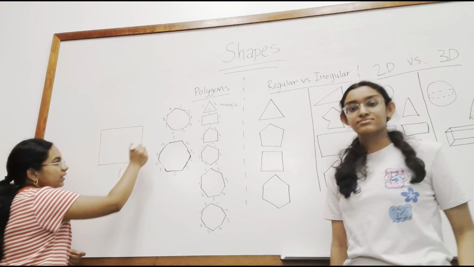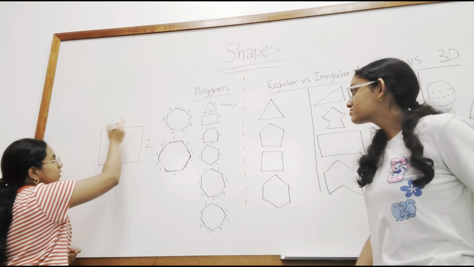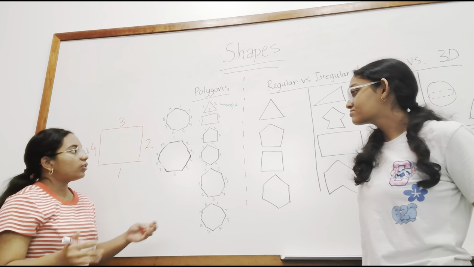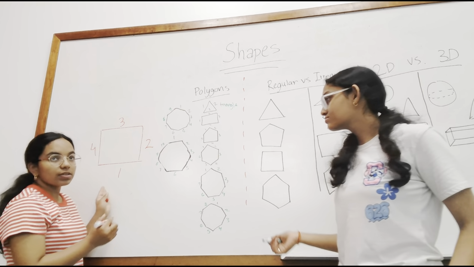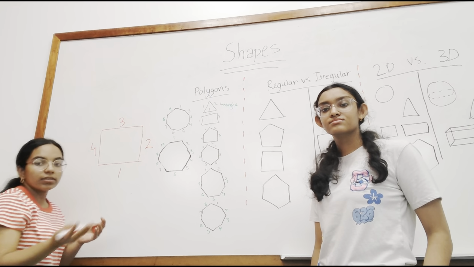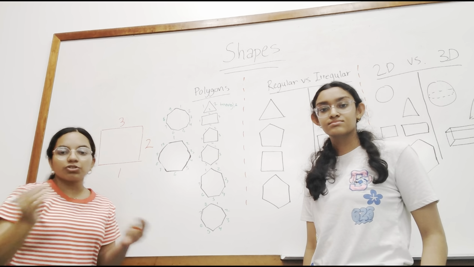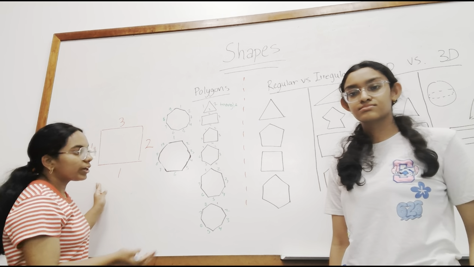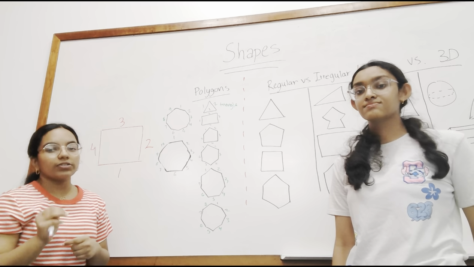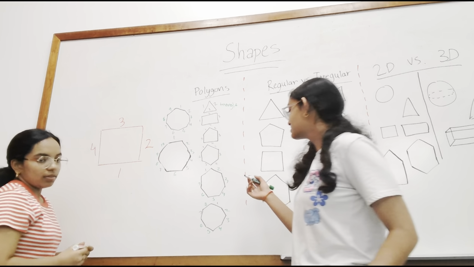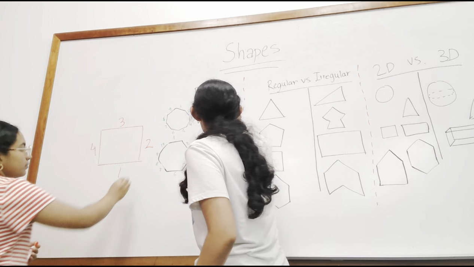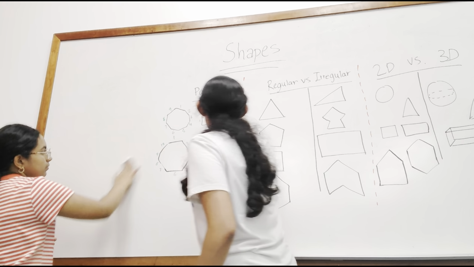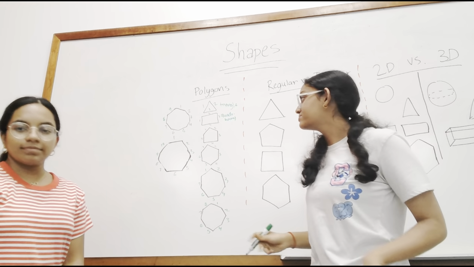So if we have 1, 2, 3, 4 sides in here, and you have 4 sides, in this case it's a square because every single line is the same length as the other. And in general, whenever you have a shape with 4 sides, like a square or a rectangle, it's called a quadrilateral. And how to spell that would be quadrilateral.